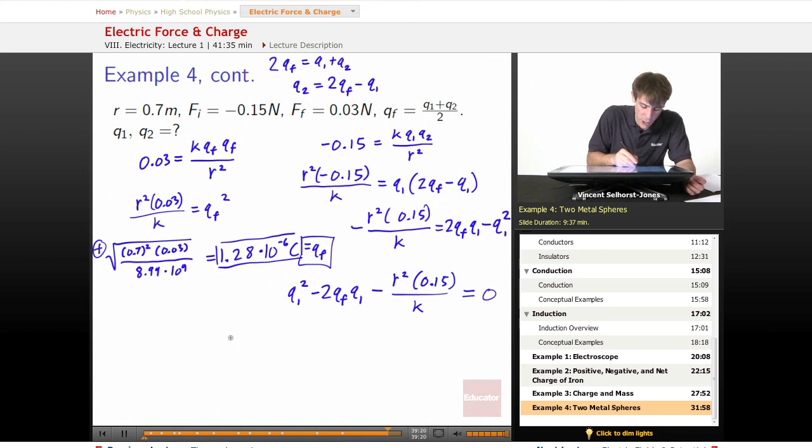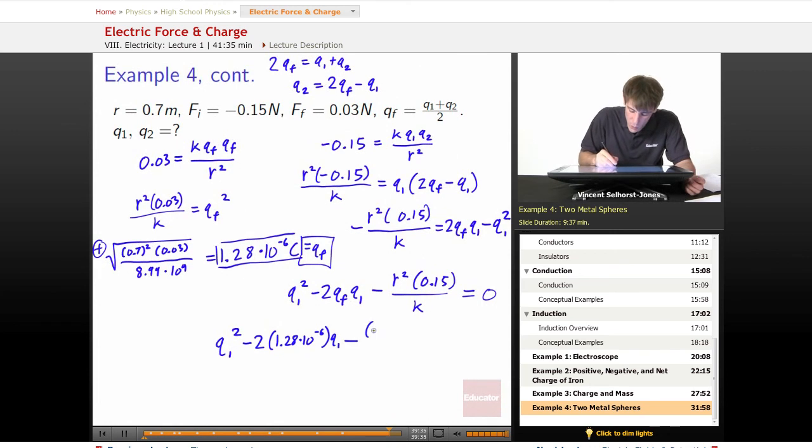Q1 squared minus 2 times Q final, 1.28 times 10 to the negative 6th, times Q1, minus R squared, 0.7 squared, times 0.15 over the electrostatic constant, 8.99 times 10 to the 9th, equals 0.